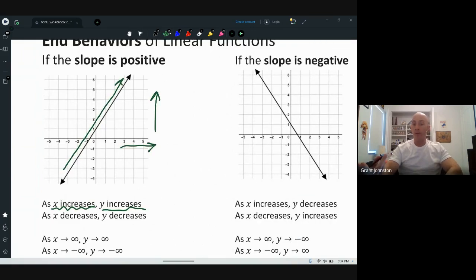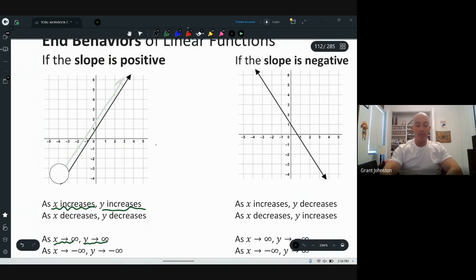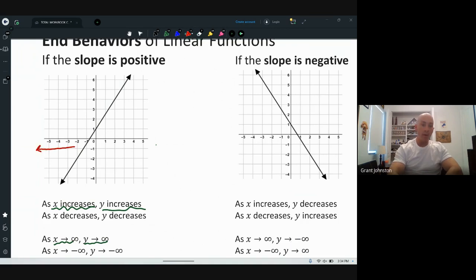So as x goes to positive infinity, y also goes to positive infinity. And a similar concept happens as we look in the negative direction. As x decreases, as we go this way, the y also decreases. It's going down. So as x goes to negative infinity, way out here, the graph is also in the y direction going down to negative infinity.